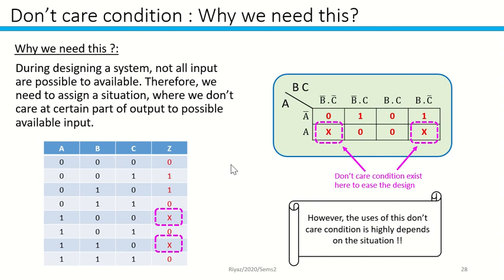That's why you put an X over here, to ease up your design. When you have a don't care situation, it highly depends on the situation, so please be careful on that.